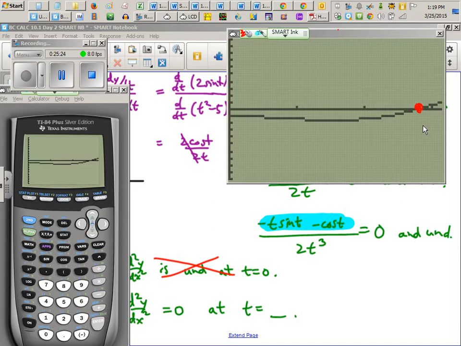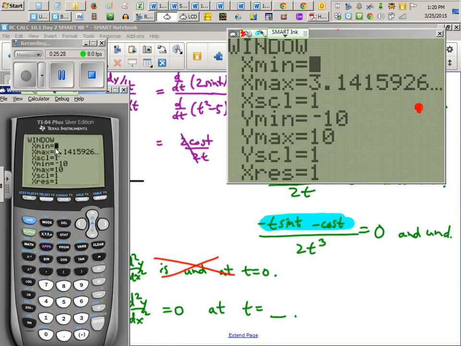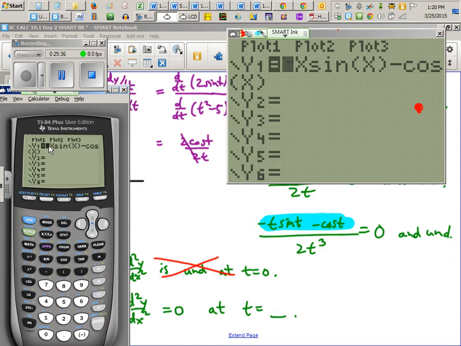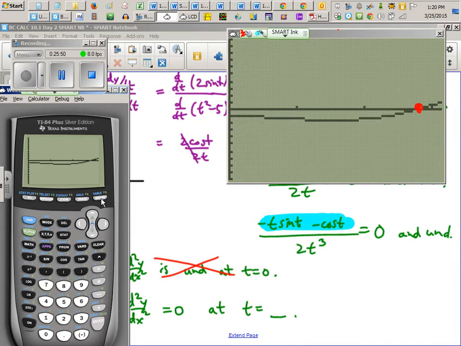Huh. I wonder if under your window settings we have the exact same thing. So you have 0 and pi, right? Syntax means you typed it wrong. You sure you typed the function correctly? Did you, right there where my cursor's blinking, use the negative symbol or a minus sign? Negative. What about over here? Did you use the subtraction key or the negative key for that one? Subtraction. You can reset your calculator. I don't know what else to do.